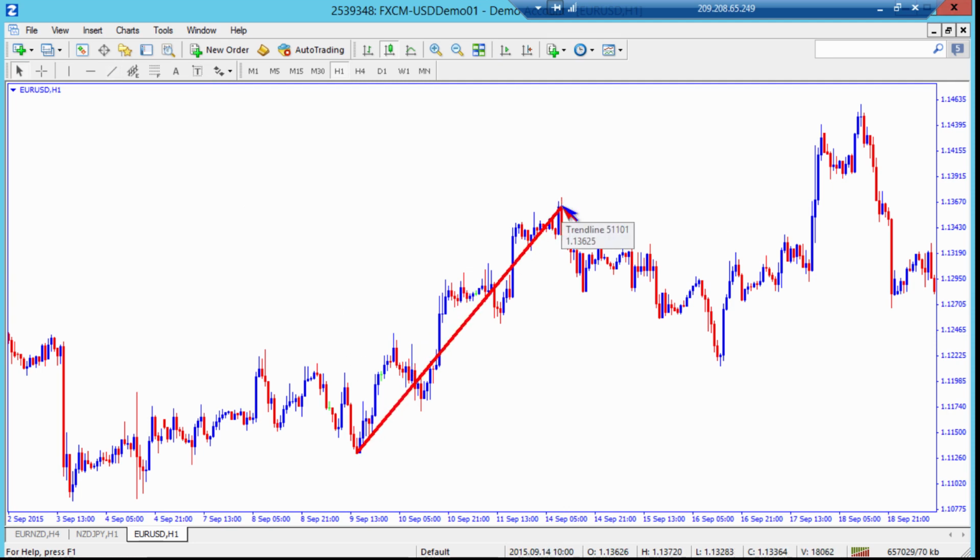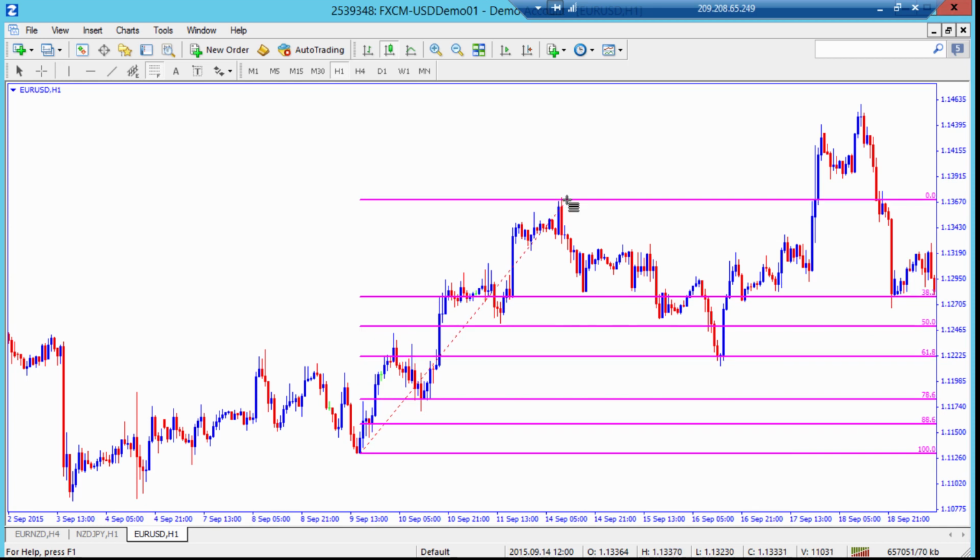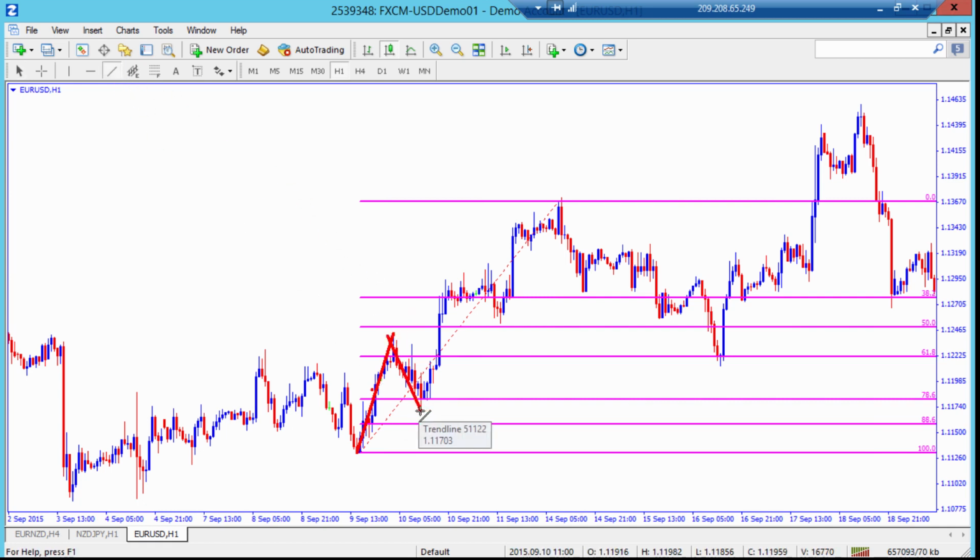All right. Let's draw this in. Then we can deviate from this, but let's first understand everything at once. We'll just do basic Fibonacci today.